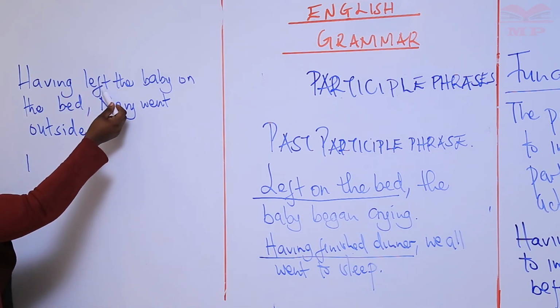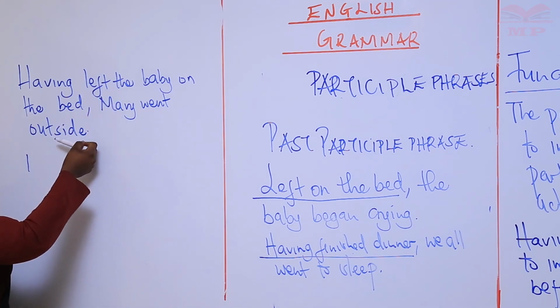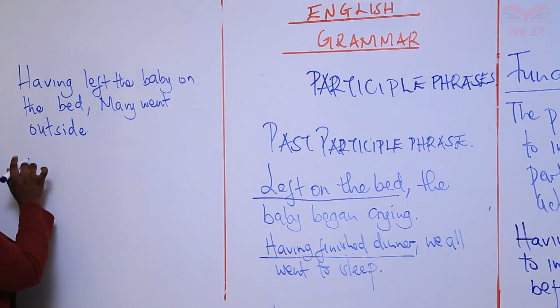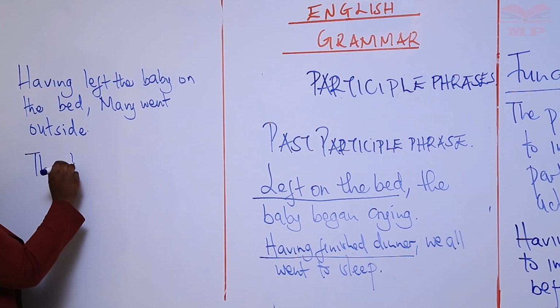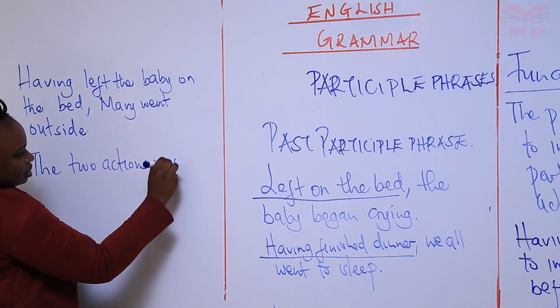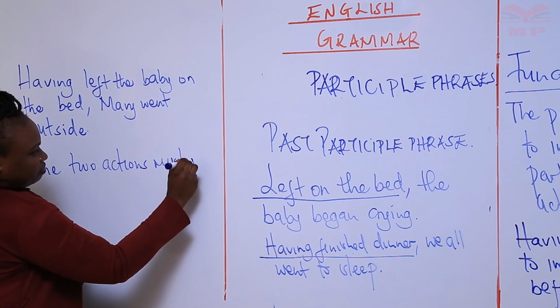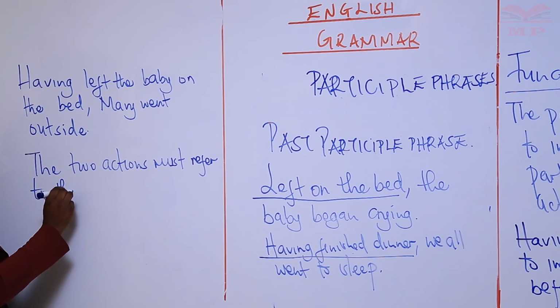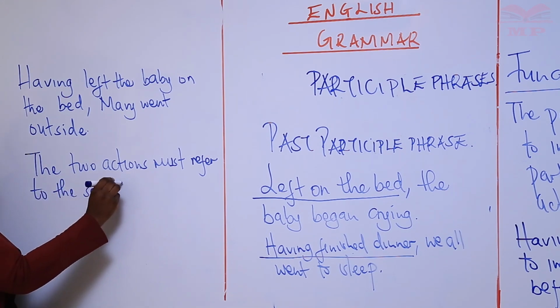The action of leaving the baby on the bed and going outside need to be performed by the same person, so that you can say that the two actions must refer to the same person.